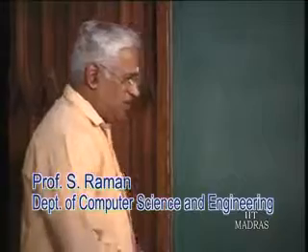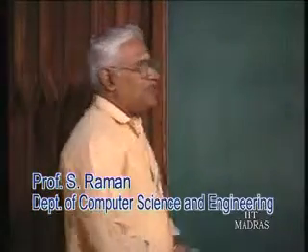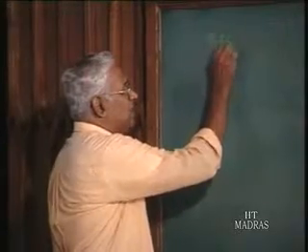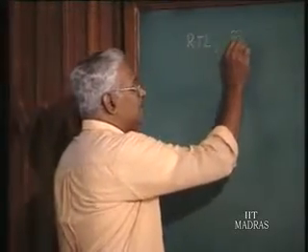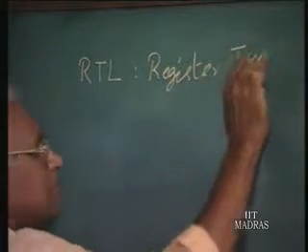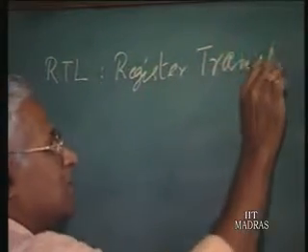So, in the previous lecture you would have got some idea about what that so-called basic activity is, what we are calling RTL, that is register transfer level activity. Good.